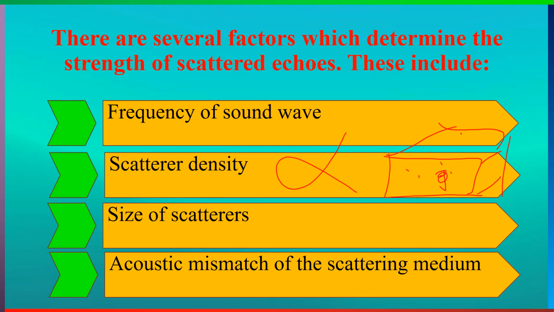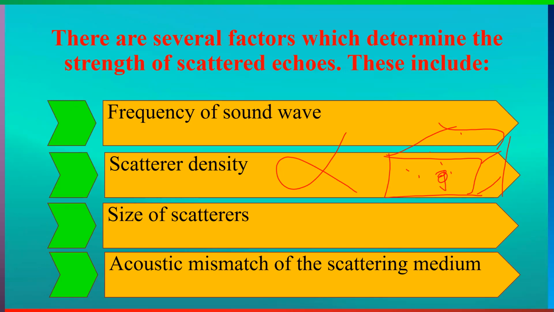Then the scatter size. If the size of the scatter is increased, then again the scattering will increase. By this increase, it doesn't mean that the size of the scatter will increase to such an extent that it becomes a specular reflector.